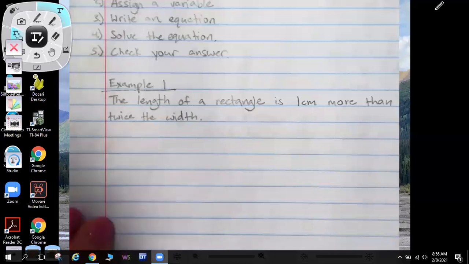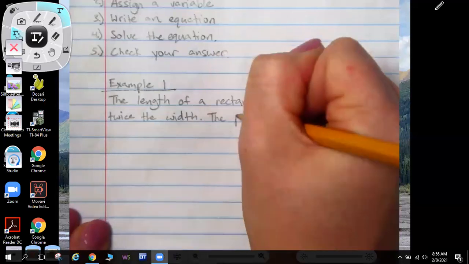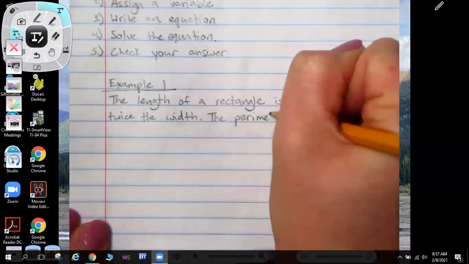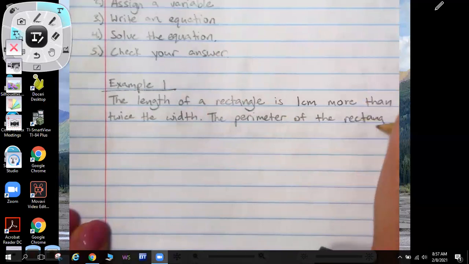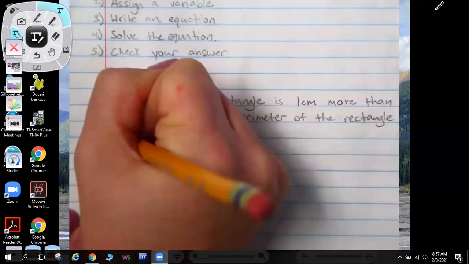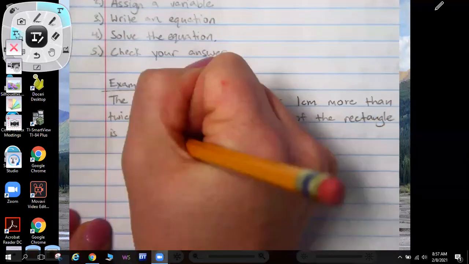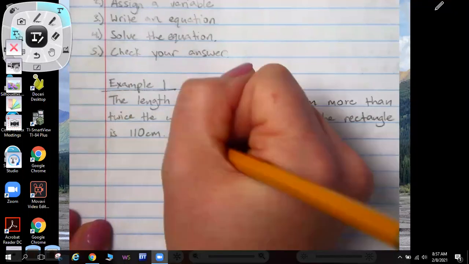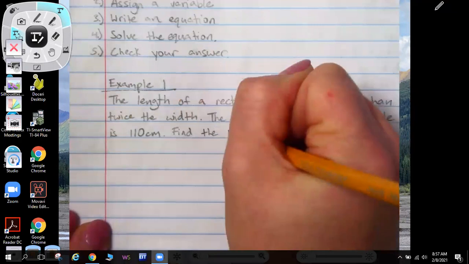The perimeter of the rectangle is 110 centimeters. Find the length and width of the rectangle.